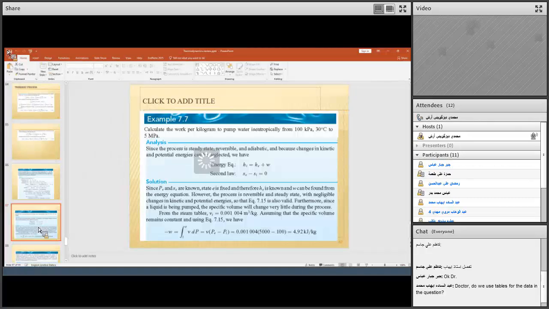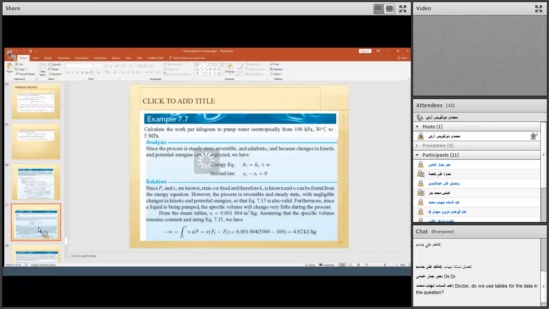We consider a constant specific volume of water due to the incompressibility of liquid water. So we consider the specific volume nu equal to this value and don't vary it during the process.